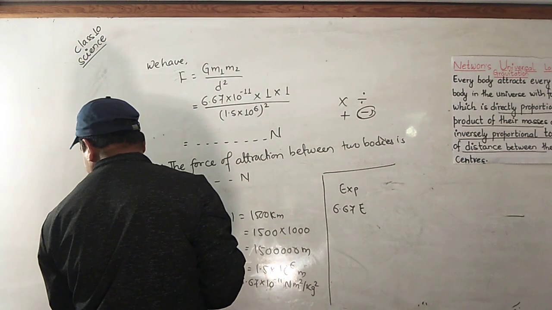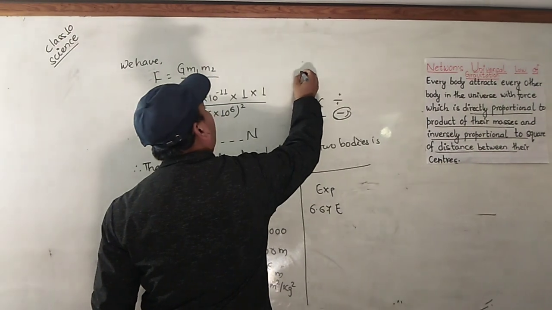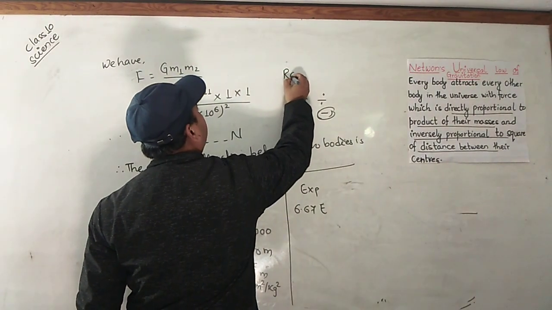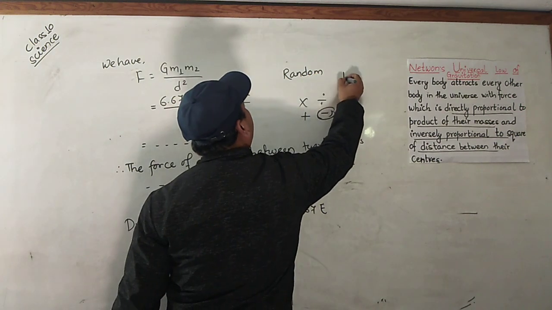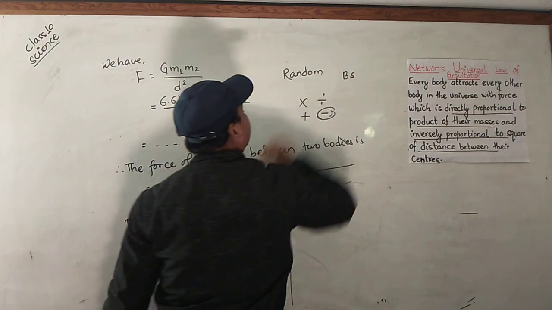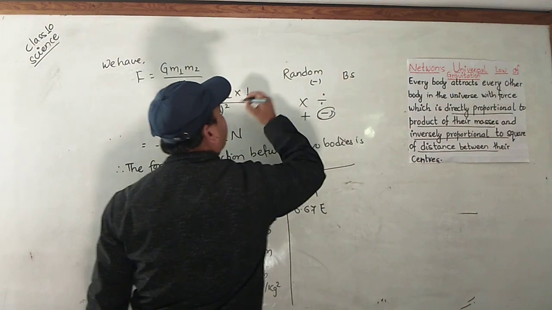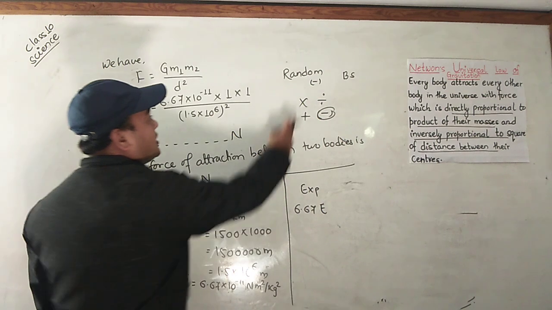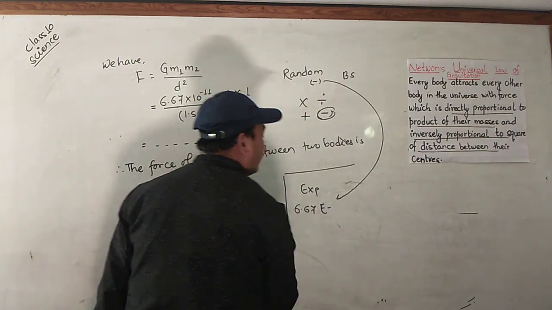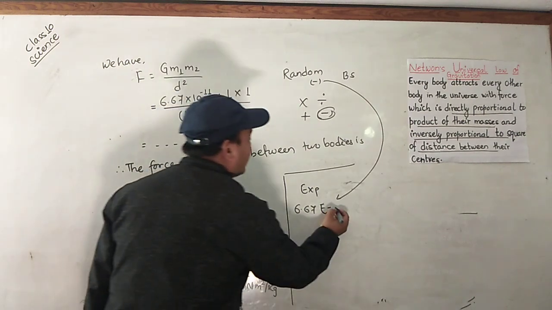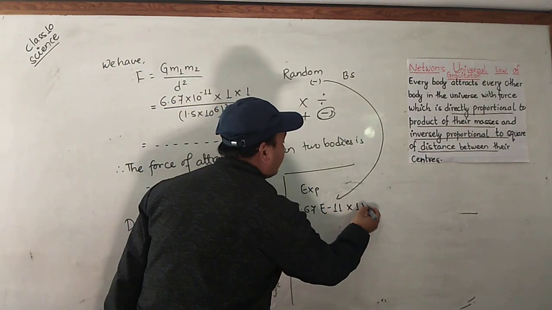For the negative sign, I think in the calculator at the upper part you can see Random written, and on the left side there is the BS, and on this side you can see the small negative key. Now press this key and write the negative sign. You can see this negative sign on your screen, and now write 11 and write multiply 1 into 1.